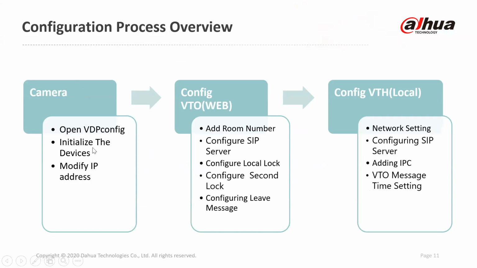Open the VDP config, initialize the devices, modify the IP addresses. Then config VTO web: add the room number, config SIP server, config local lock, config second lock, config leave message. Then config VTH network setting, config the SIP server, adding IPC, VTO message, time setting.